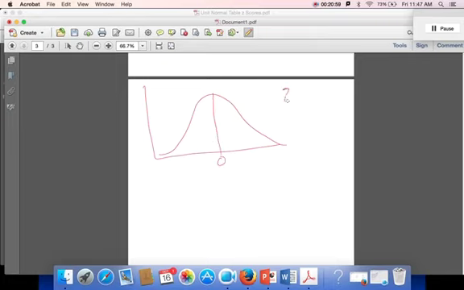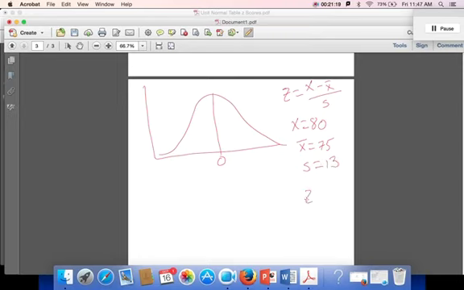My equation again, remember for z, is my score minus my mean, divide that by standard deviation. In our particular case, my score is equal to a value of an 80. My mean is a 75, and my standard deviation is equal to a value of a 13.